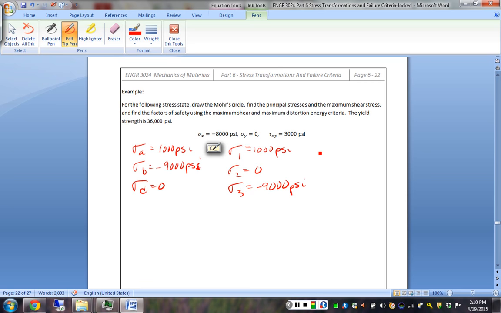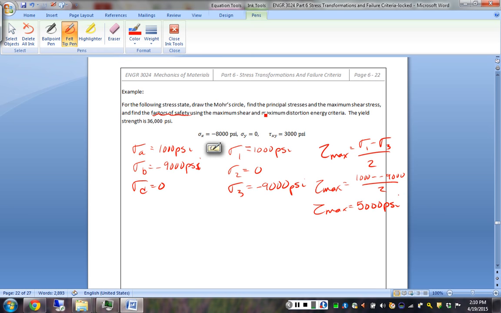And from that, we use the fact that our maximum shear stress value is always sigma 1 minus sigma 3 over 2. So our max shear is 1,000 minus a minus 9,000 over 2, otherwise known as 5,000 psi.